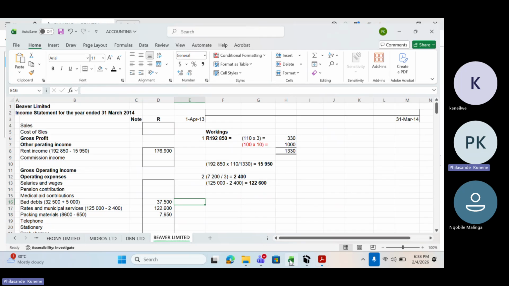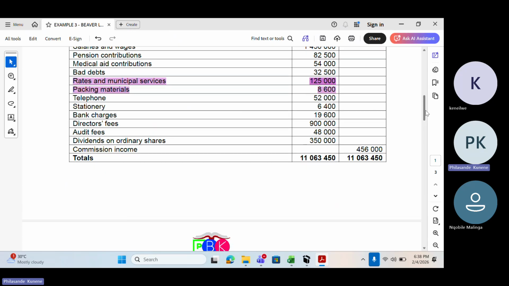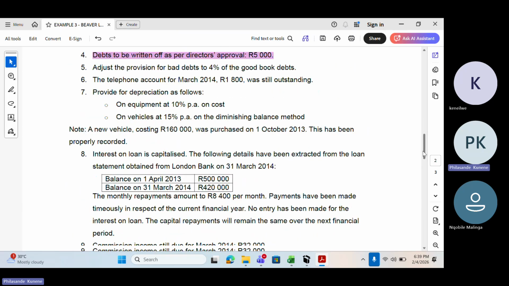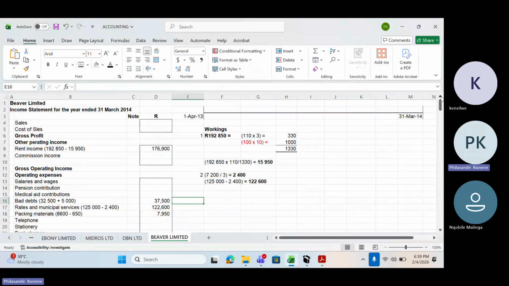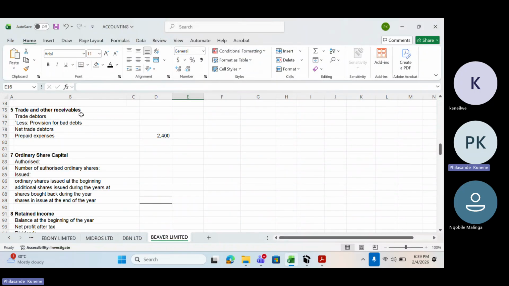And also, since we have this as part of the income statement, how is this going to affect my balance sheet? Because the additional bad debt that has to be written off of 5,000, I need to go to my trade and other receivables note. Let me go to that note so that we can see how this is affected.